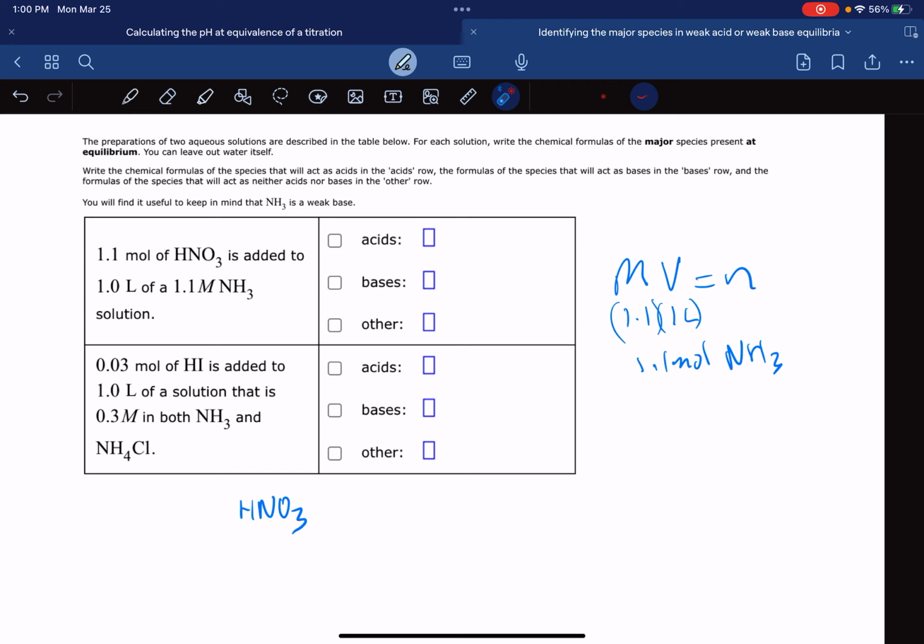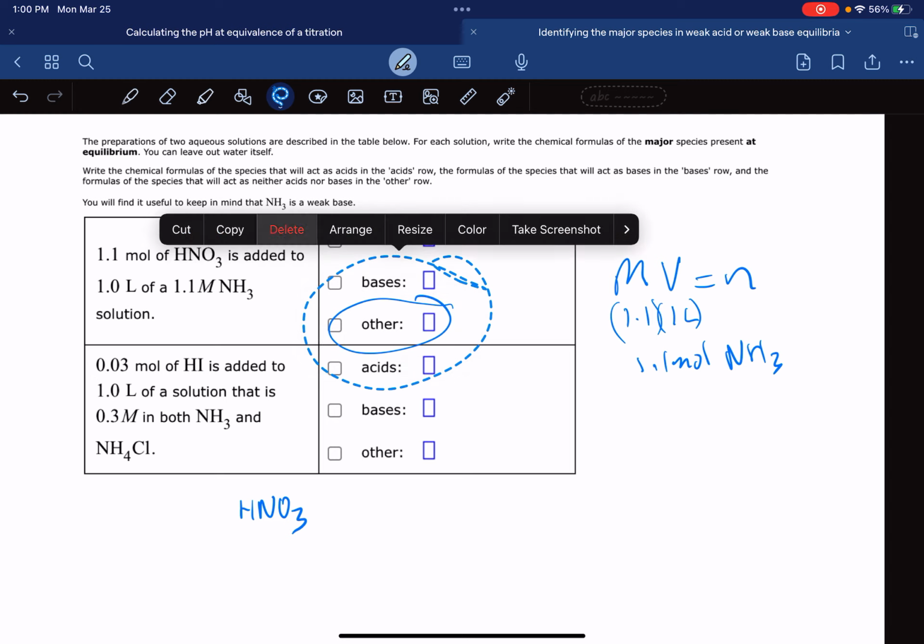When I do that, I ignore the NO3 part of this, and I just write it as H plus is going to interact with NH3. And that's how I do it every single time. But in this particular case, they're asking what acids are left, what bases are left, and what others. And what they really mean by what others is, are there any spectator ions that are being included in here?